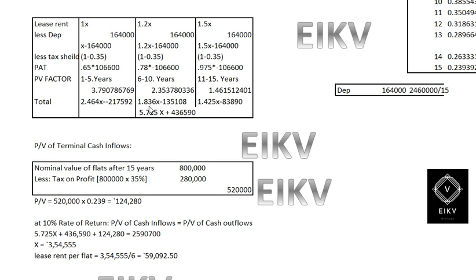When we take the sum of the entire 15 years, it would be 5.725x minus 4,36,590.